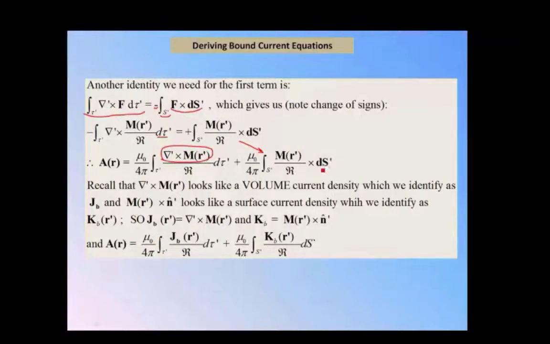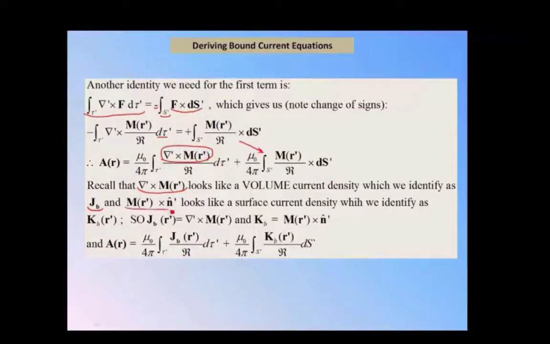Remember, that's perpendicular to the surface. If we go back to looking at what the current density looks like, it's defined in terms of the curl of a vector, and what this looks like is a volume current density which we identify as a current density J sub B, where B is the bound current.